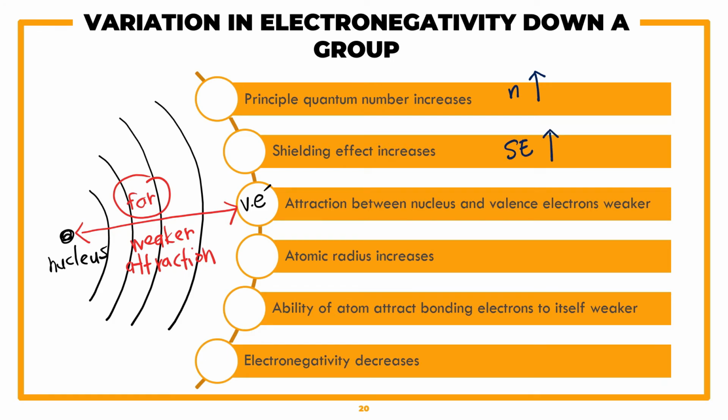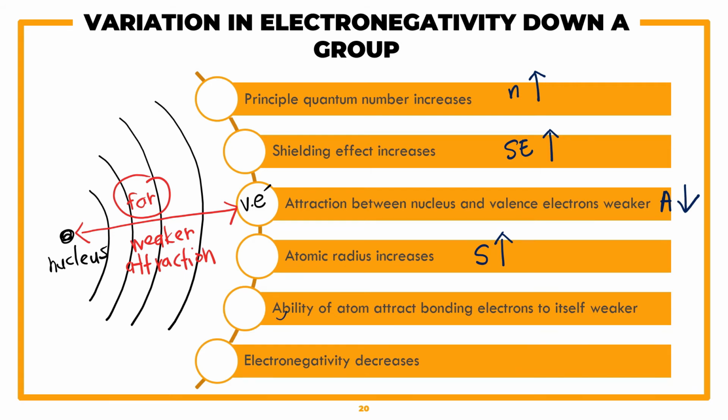By having a stronger shielding effect, the attraction between the nucleus and the valence electron becomes weaker. When this valence shell and valence electron is less attracted to the nucleus, atomic radius or size will increase.